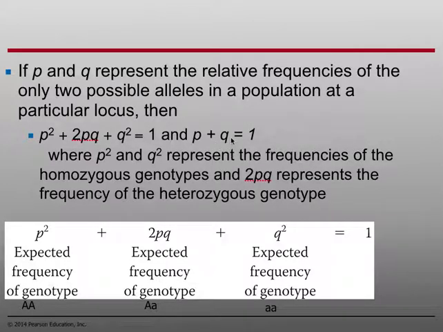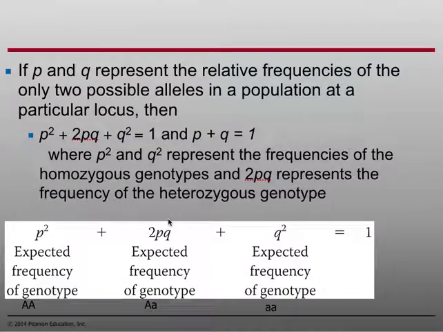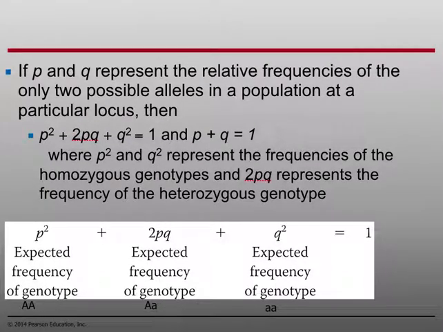Go back to this equation and say 1 minus 0.5 is 0.5. Now we have our p, and we can figure out what the other two possible genotypes are. Okay?